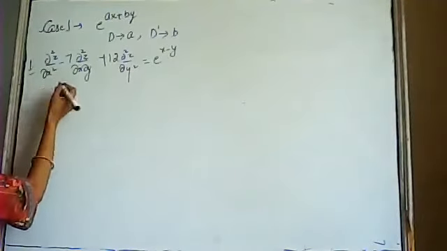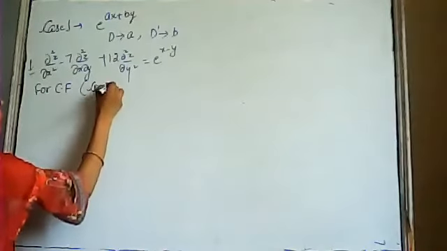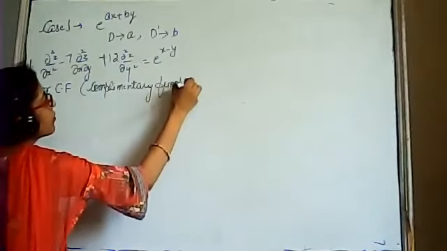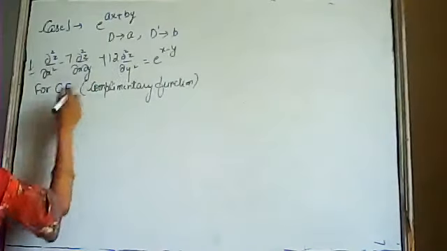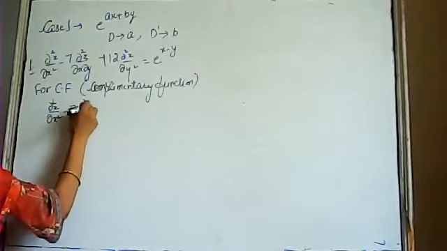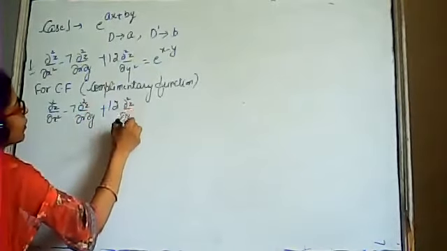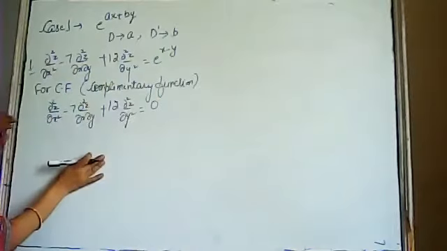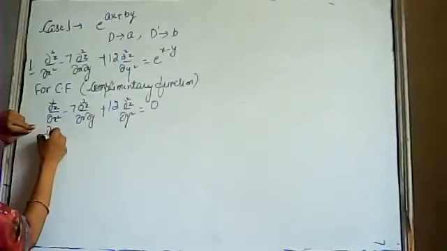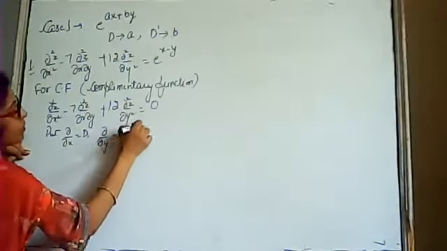First of all, for the complementary function, take the right hand side as 0. The equation becomes ∂²z/∂x² - 7 ∂²z/∂x∂y + 12 ∂²z/∂y² = 0. After that, put ∂/∂x = D and ∂/∂y = D'.